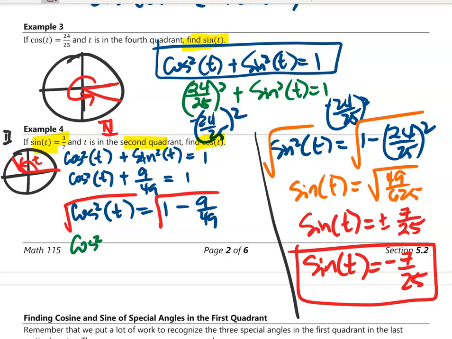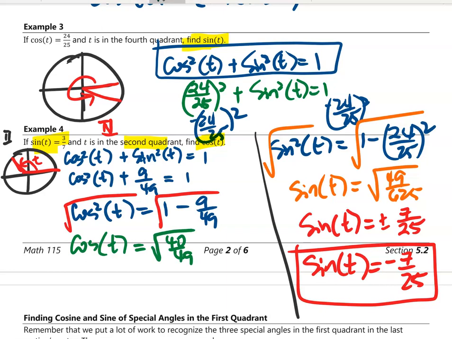Cosine of t is equal to 49 minus 9 is 40 over 49.